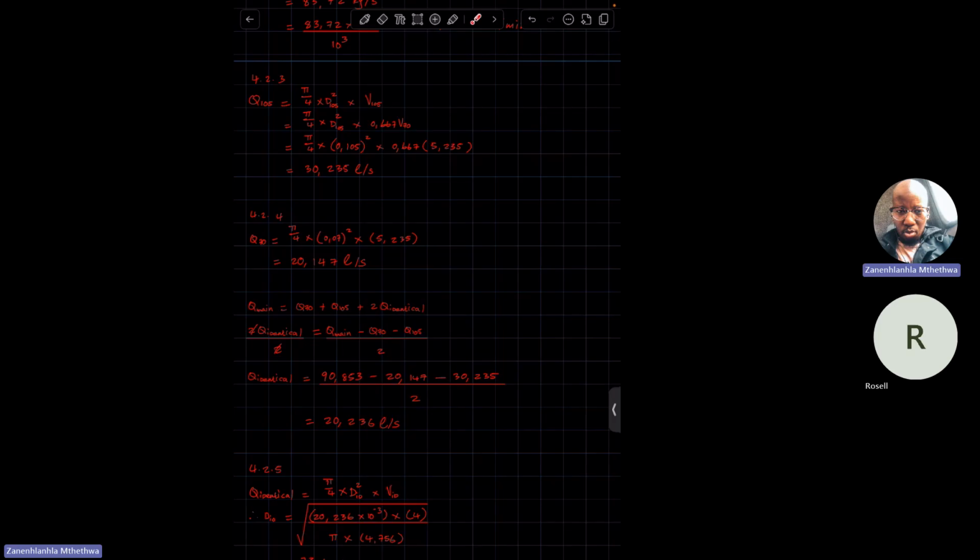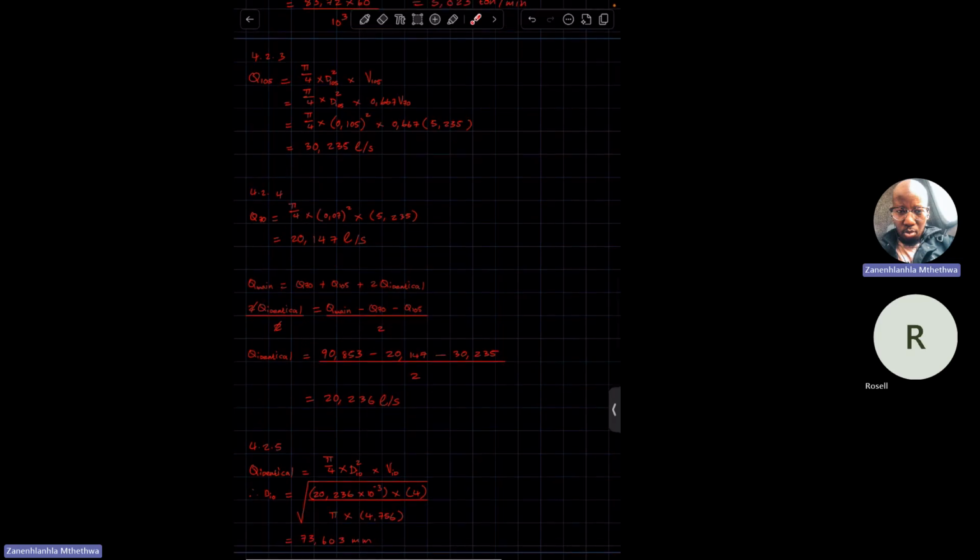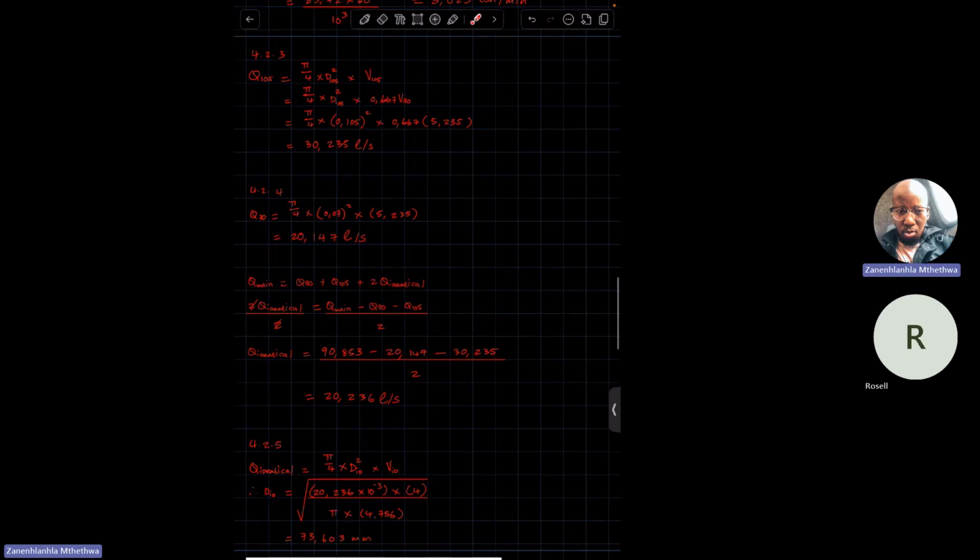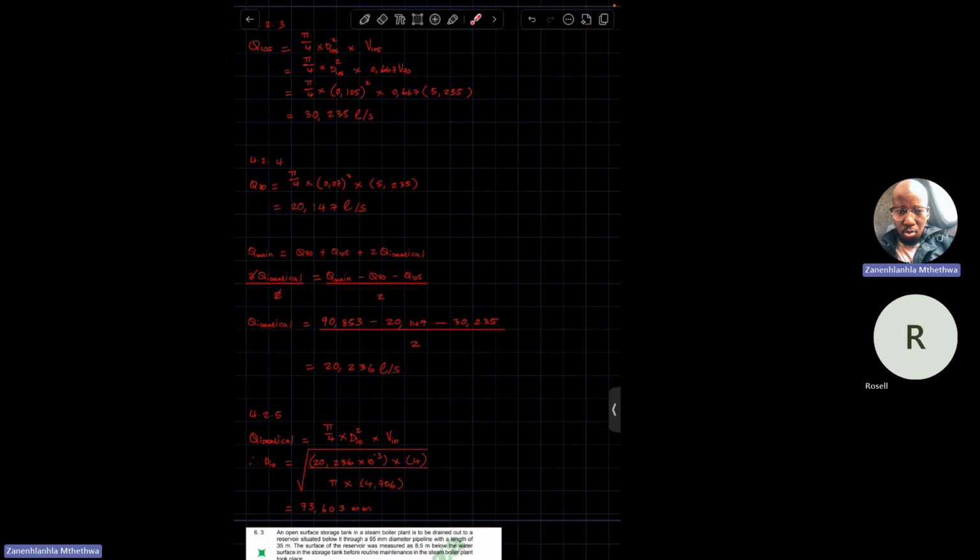All right. And then now, after having calculated this Q, essentially in this expression, we have all the Qs except the one we are looking for. So all the idea was simply make this the subject of the formula, and then substitute all of the Qs in terms of liters per second, and this is the magnitude I got.